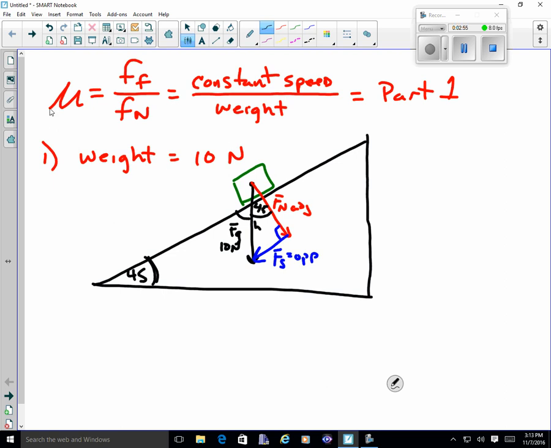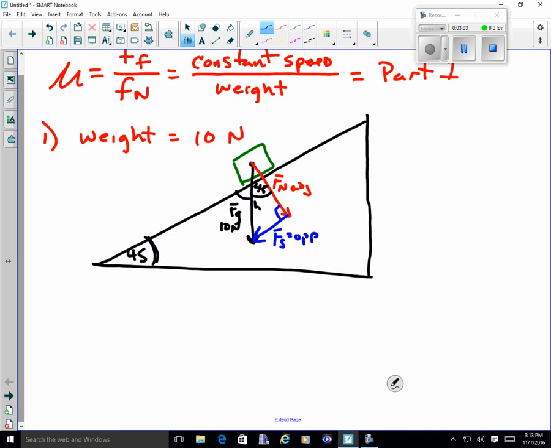And so on number 2, it says to calculate the normal force on the ramp. Well, the normal force is going to be, once again, the adjacent side. To find the adjacent side when you know the hypotenuse, you can simply take the cosine of the 45-degree angle times the hypotenuse, which in this case is 10 newtons.